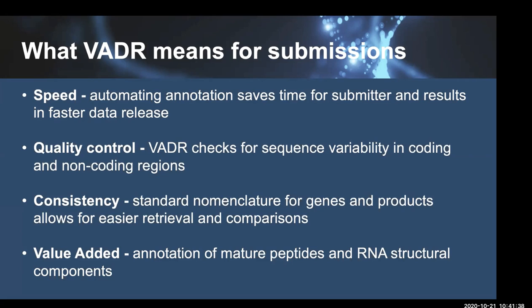And also there's value added. Most submissions that come to us, even of viruses, don't contain all of the mature peptides or the RNA structural components that VADR will add for us. And note that it does do the mature peptides on both of the polyproteins in SARS, which can be a little tricky since they're duplicated.